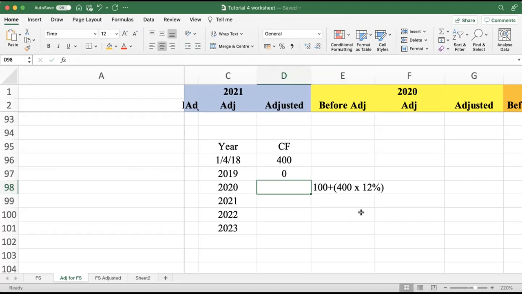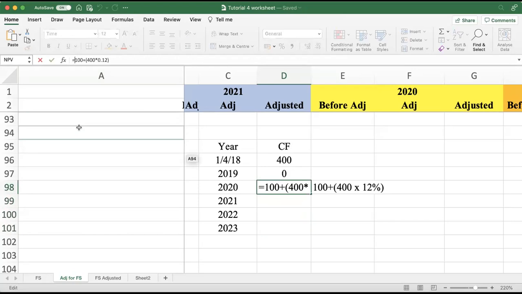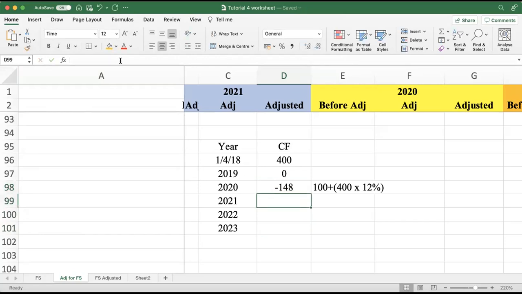How much? 100 plus loan balance multiplied by interest rate, 148. So the second year repayment is 148.